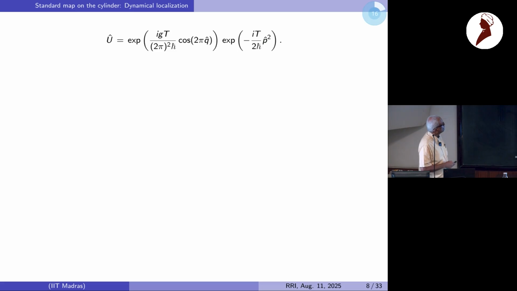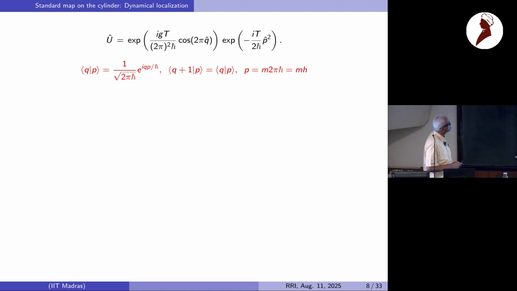Okay, now let's look at the standard map on the cylinder. So this is a free particle, so kinetic energy or angular momentum term here, and this is the potential term here. G is the kicking strength, T is the time between the kicks, and there is an h bar. So this is the operator that we need to deal with in the quantum standard map.